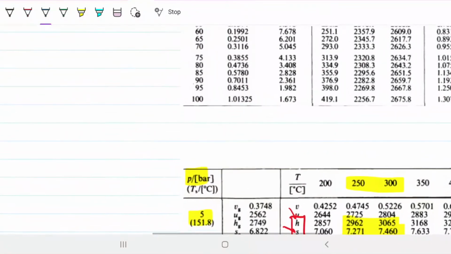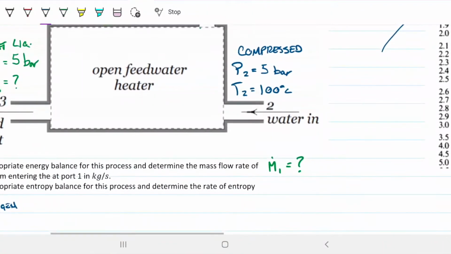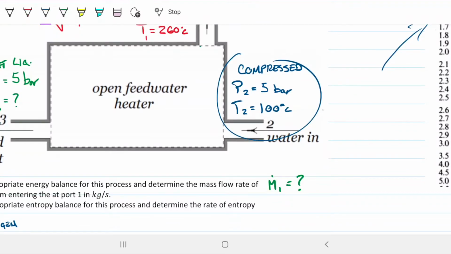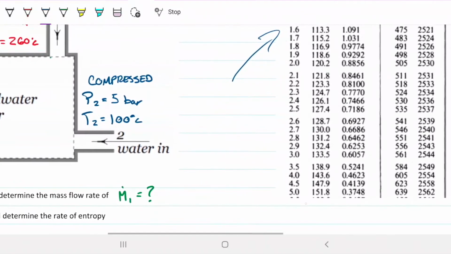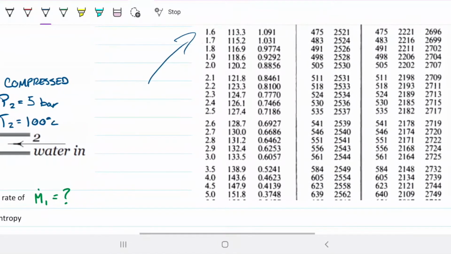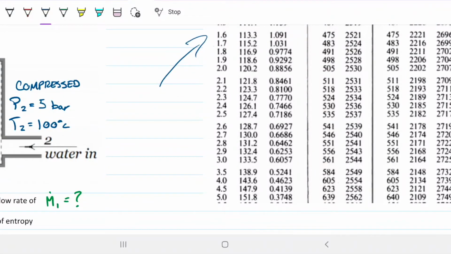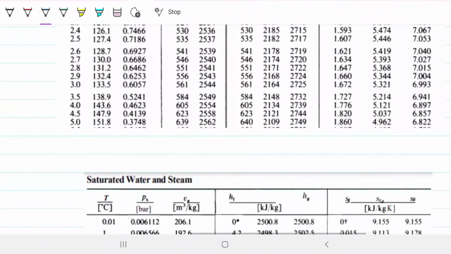Next one is the compressed fluid. Compressed fluid, same thing, 5 bar. So we can check our temperature. Our T2 is certainly going to be smaller than Tsat. Yep, Tsat is 151, our temperature is 100, so indeed compressed. If I'm looking at compressed, so long as it's not too much compressed, not above 5 megapascals, then I can use the temperature table. Temperature table is this one here.